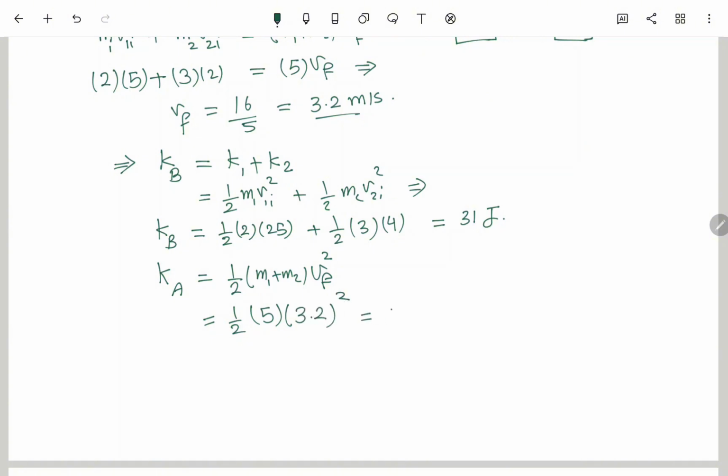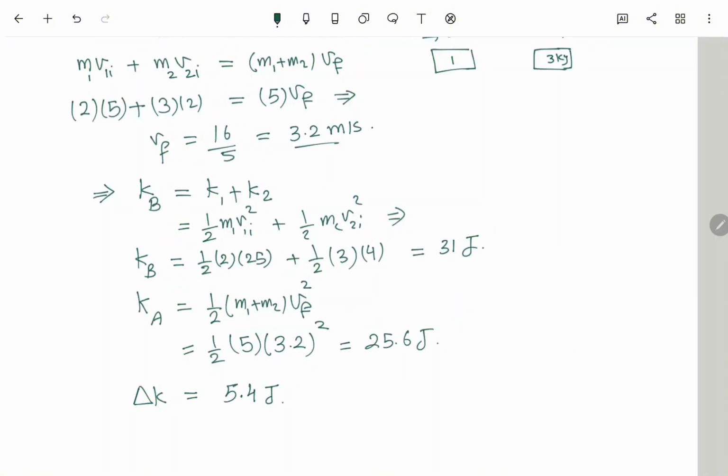After all, it's equal to 25.6 joules. Now the loss in kinetic energy, delta K, for this one is equal to 5.4 joules, which is the difference between the kinetic energy before and the kinetic energy after.